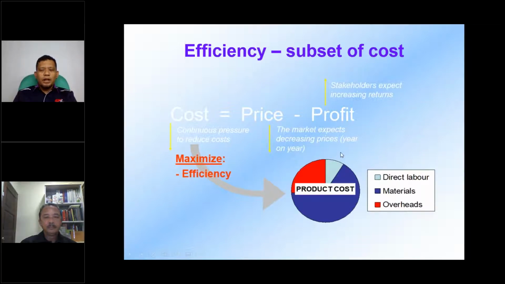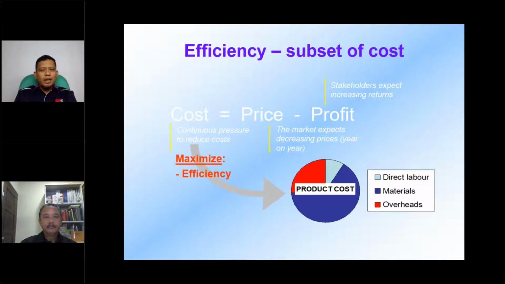Look at how you spend on your overheads, how you spend on materials, and so on, so that you will always be ahead of your competitors. Some competitors, when they have no choice, increase the price, but you can maintain the price. Then you will become what we call the preferred supplier to them.